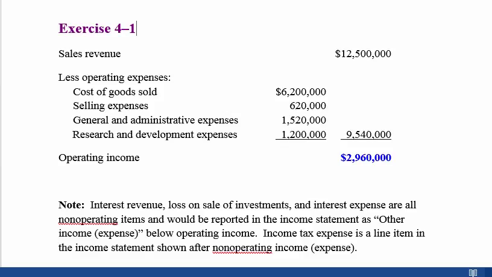I believe, if you remember, we talked about that some in chapter 5 in financial accounting. Those would be reported on the income statement below operating income, because they're not a part of normal operations. Income tax expense is a separate line item in the income statement after the non-operating income items.